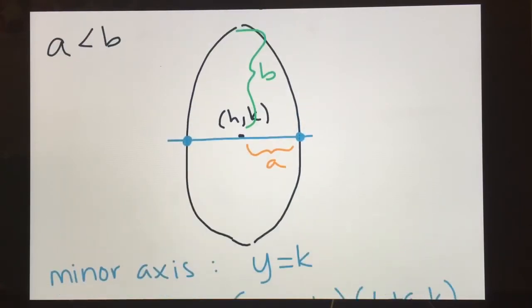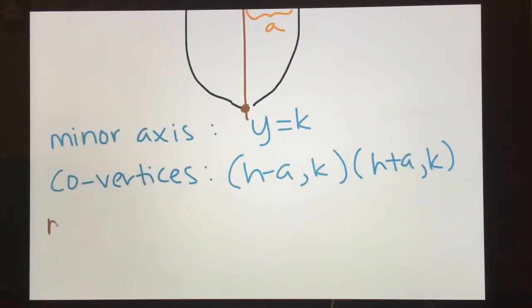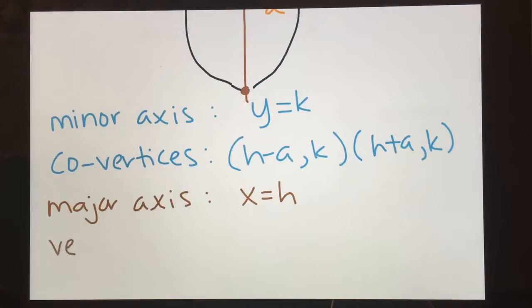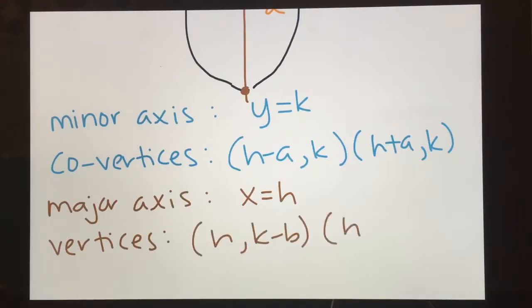The major axis would be this one this time, so that is a vertical line at x equals h. And this time my vertices are going up a value of b and down a value of b. So h, k minus b, and h, k plus b.